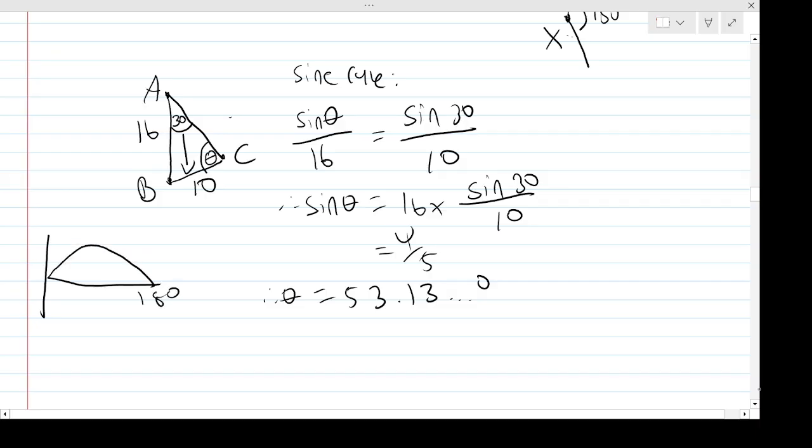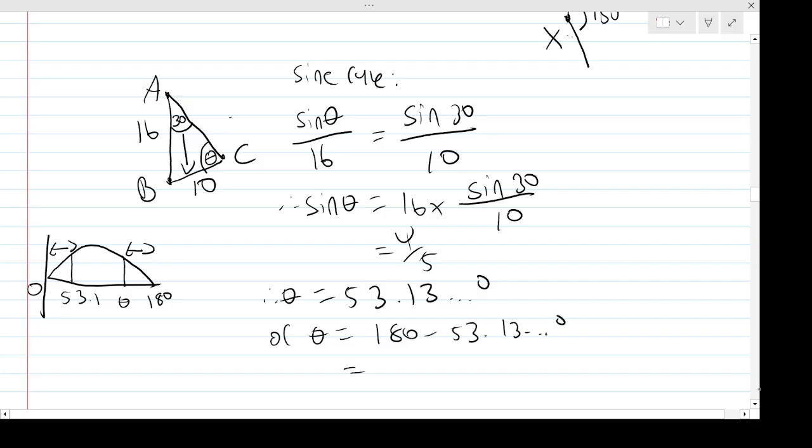If we go between 0 and 180, 53 here is going to be roughly there. Therefore, the other solution will be there. Because the gaps at either end, here and here, are the same, and the end here is 180, the other solution would be 180 take away this, right?